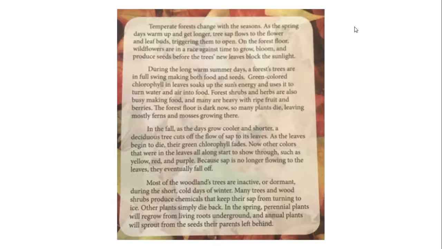As the leaves begin to die, the green chlorophyll fades. Now other colors that were in the leaves all along start to show through, such as yellow, red, and purple. Because sap is no longer flowing to the leaves, they eventually fall off. Most of the woodland's trees are inactive or dormant during the short, cold days of winter. Many trees and wood shrubs produce chemicals that keep their sap from turning to ice.